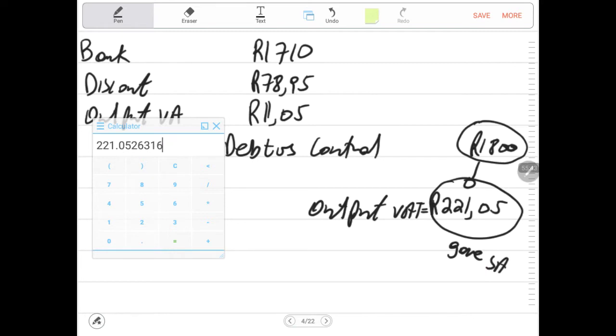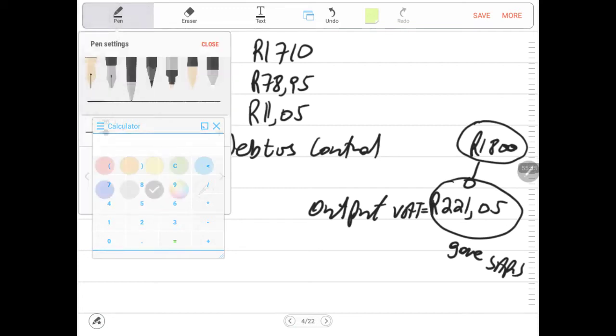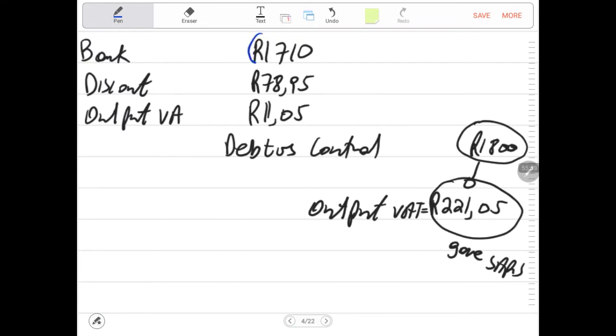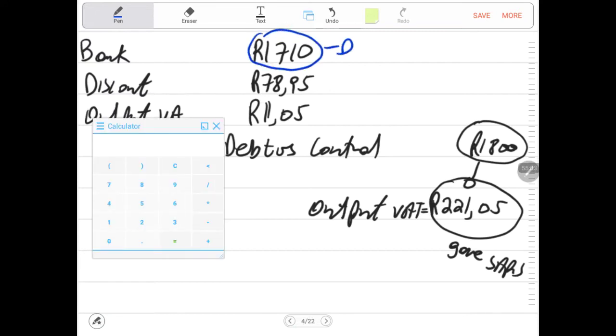We said, SARS, get your output VAT that you deserve, because the customer will pay us back the full 1,800. And the customer is paying us later on, and now the customer is no longer paying us the full amount of 1,800, but is paying us 1,710. Then now what do we do in this case? We say, no, we received less than what we're supposed to receive, SARS. That means the VAT that we have given you, bring part of that back.